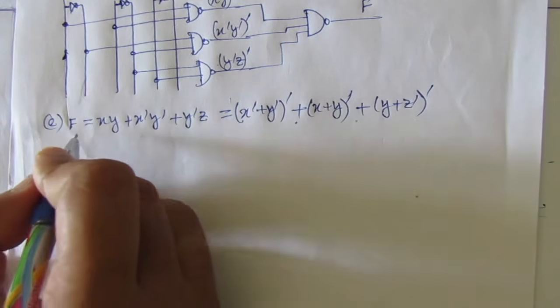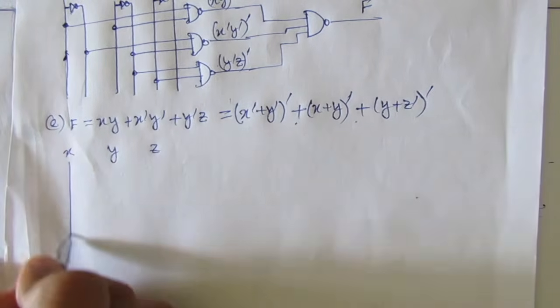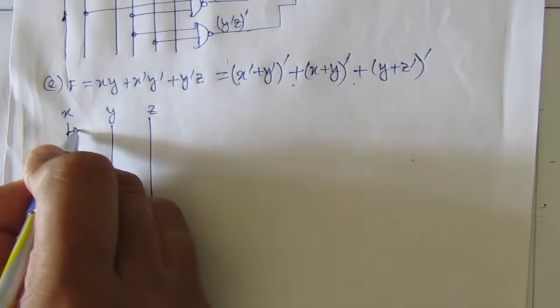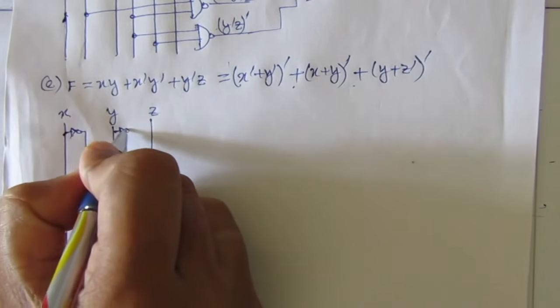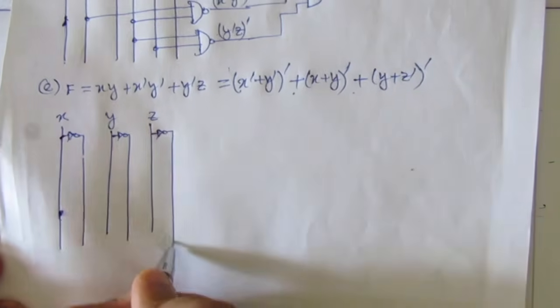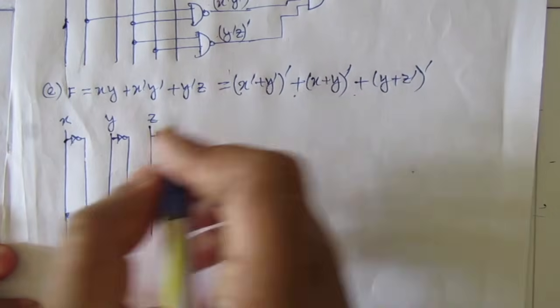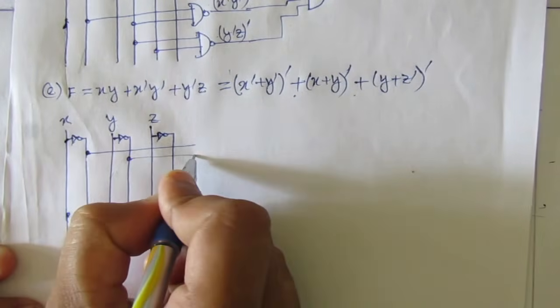We have three inputs x, y and z. Okay, these are the input lines. We'll use an inverter here to get x bar, another inverter will get y bar, and another inverter will get z bar here. So x bar plus y bar. X bar is this one, y bar is this one.